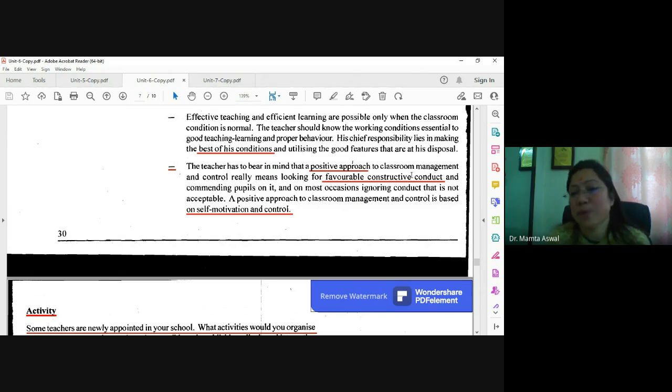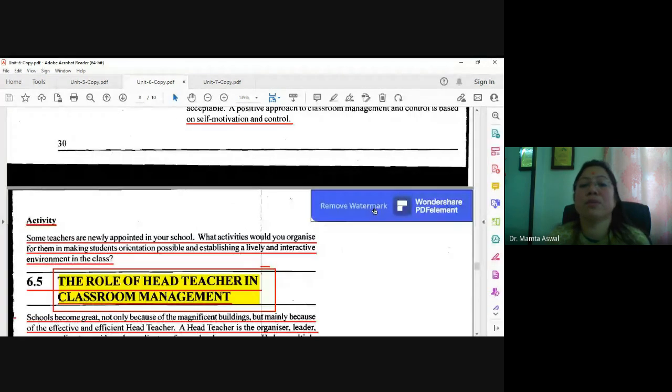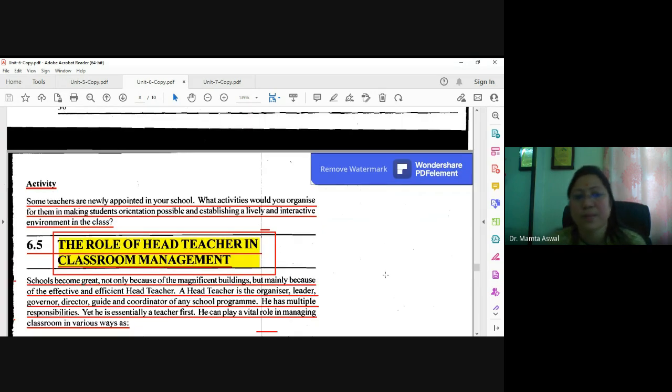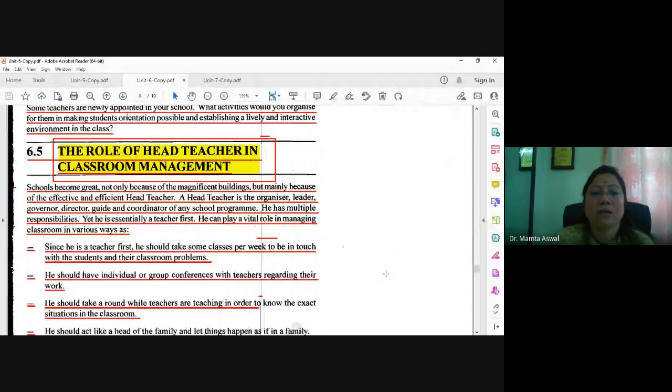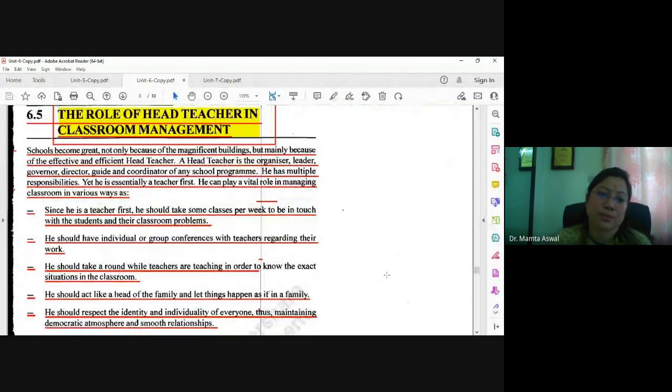The teacher must have a positive approach all the time whenever he is inside the classroom. He must develop an approach among the students whereby the students are self motivated, self controlled, self directed. There need not be an outer force, no requirement of an outer force to control the students. That's the best thing.